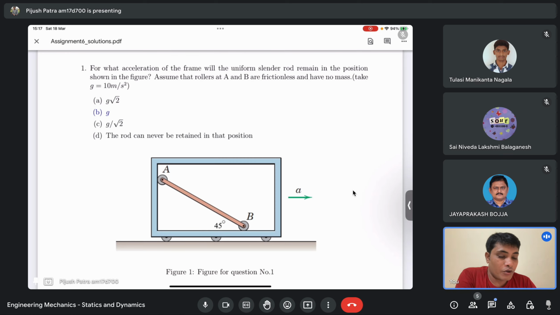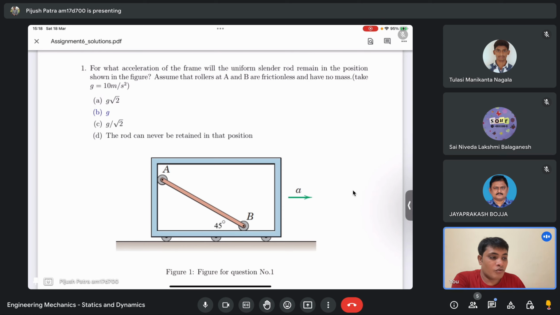Before going into the details, just think that if you see from the outside, it might look like when the frame is accelerating, the slender rod might also move within the frame.